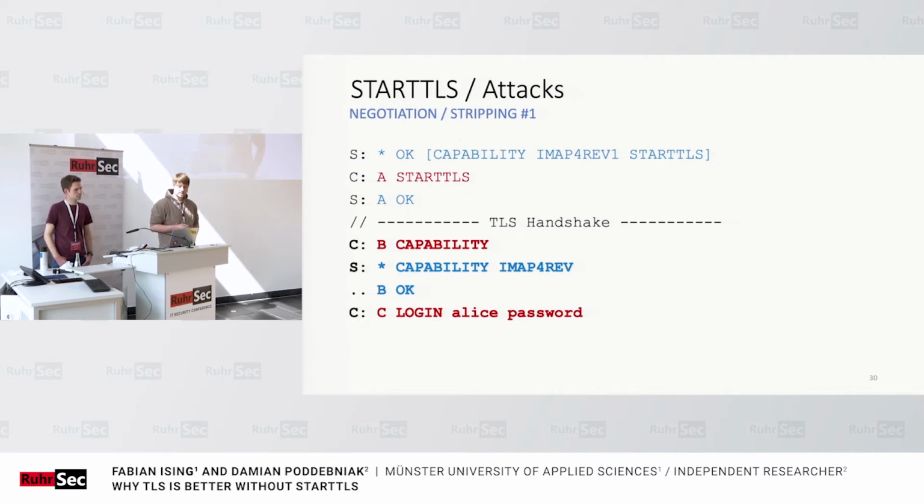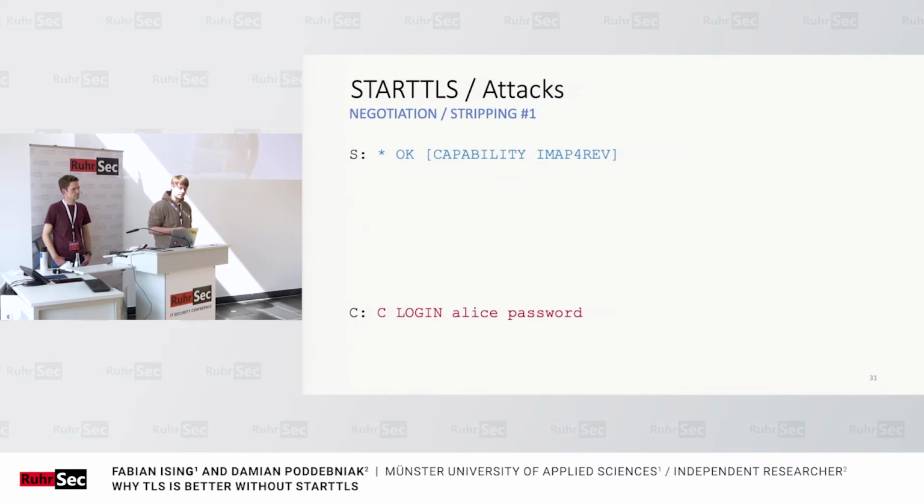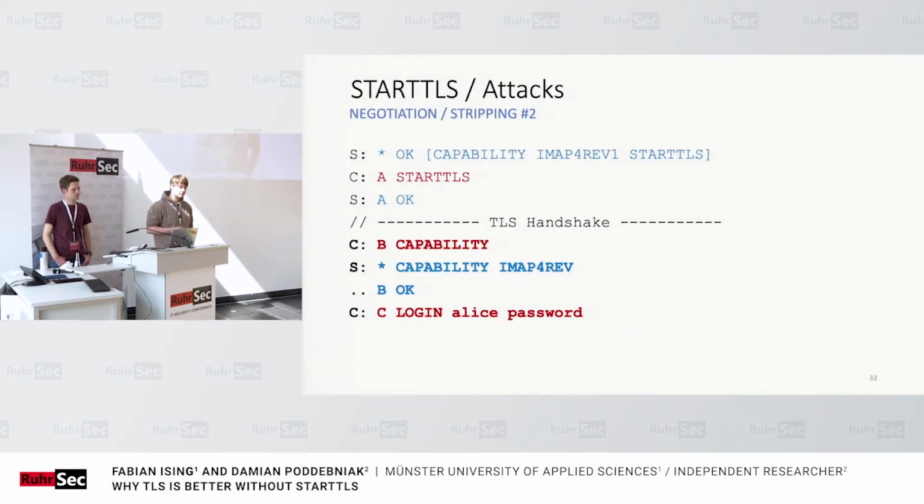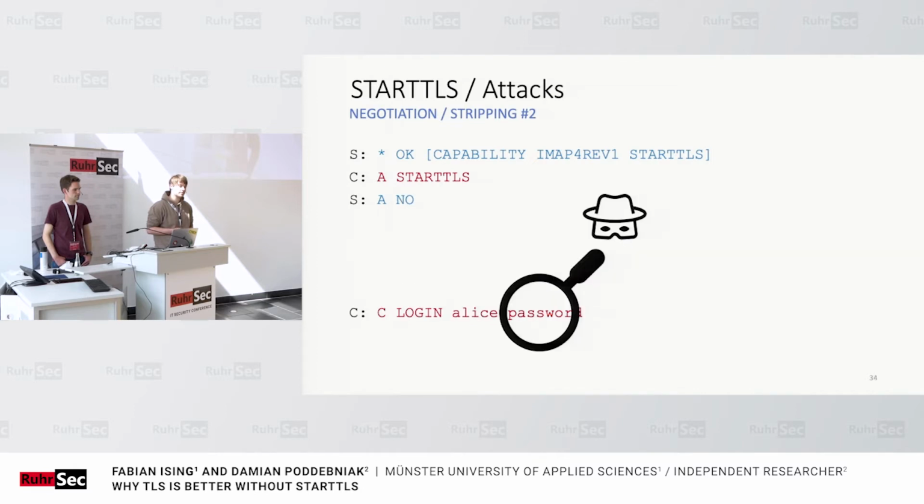An attacker can strip, or remove, the STARTTLS capability from the server response and make the client think that STARTTLS is not supported, which means that the client will not participate in a TLS handshake. Besides changing the message flow a bit, the result is that the attacker can obtain the password in clear text. There is a second variant, which consists of changing the response code of the STARTTLS command, but the result is the same as for the first variant.